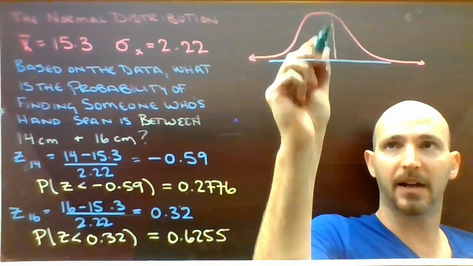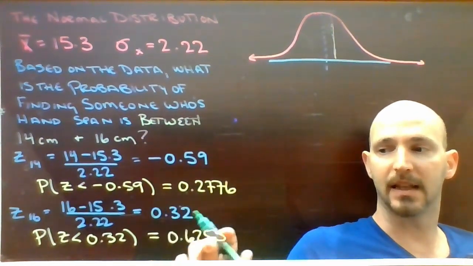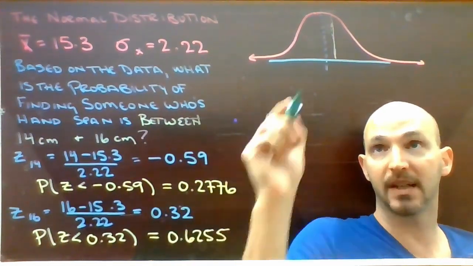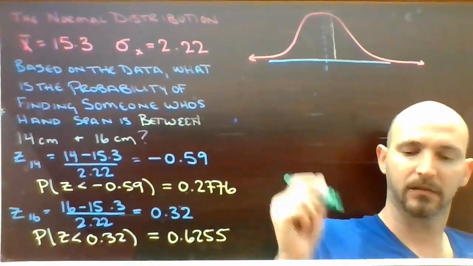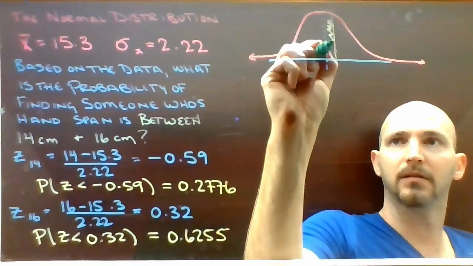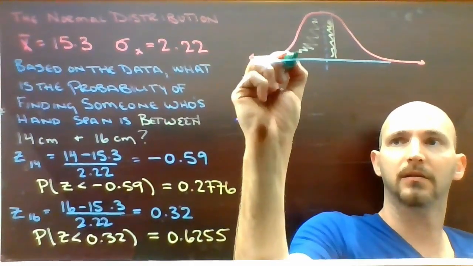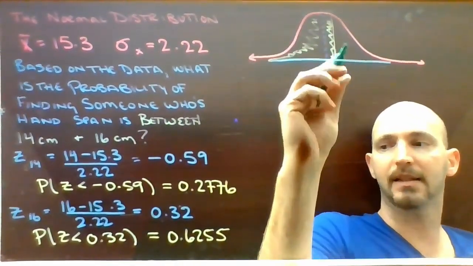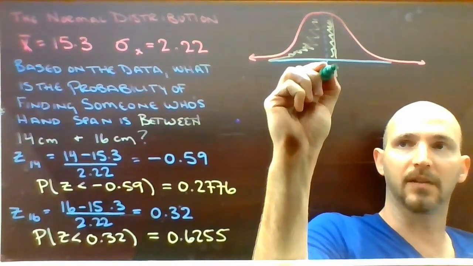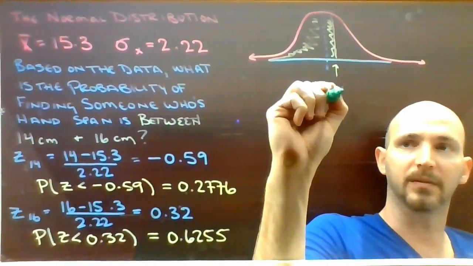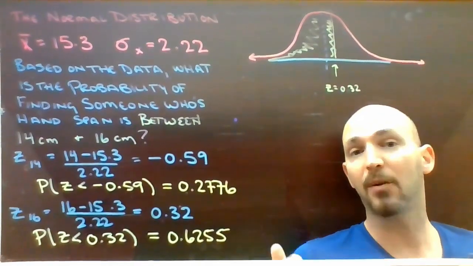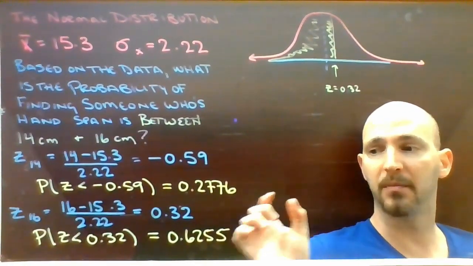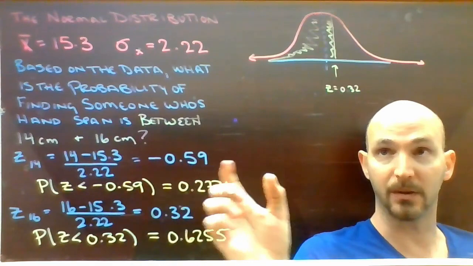So what I have in this is that 62.5% of all this space under here is less than a z-score of 0.32. Now that's not what I was asked. I was asked for the probability of it being between these two.